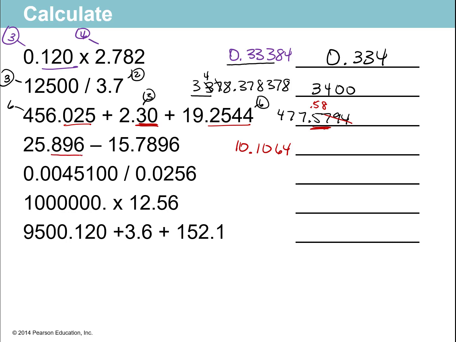So see I have 3 decimal places and 4 decimal places, so that means that I'm going to round to 3. The number of decimal places in common, so the number I've got to round is a 4, so what happens? It just rounds off. So I'd end up with 10.106. So if you do addition and subtraction, compare the decimal place numbers. The smallest number of decimal places tells you how to do the rounding. Let's try this next one.